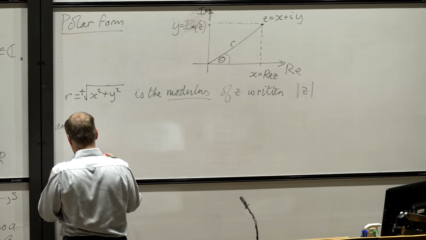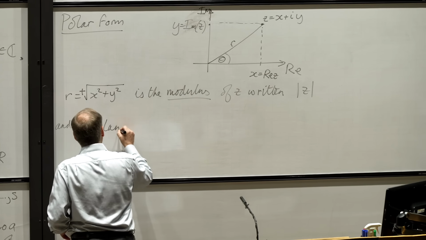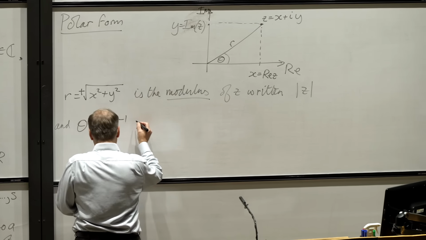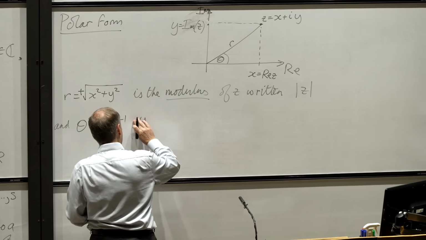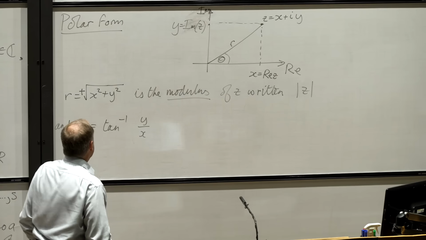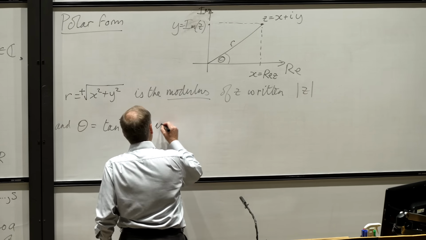And theta is the inverse tan of y over x. I don't really need a bracket. This is the inverse tangent of y over x, okay, is the argument.